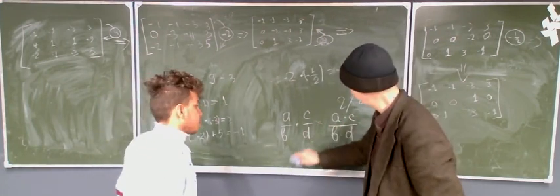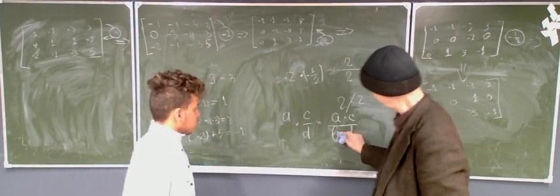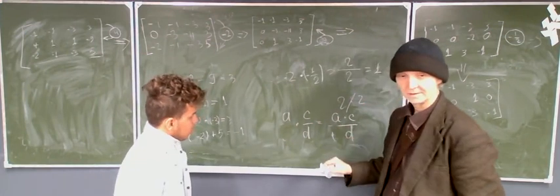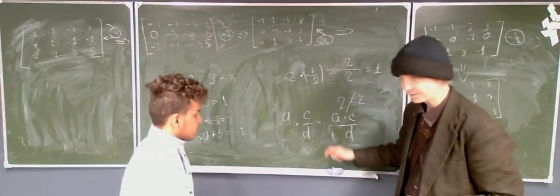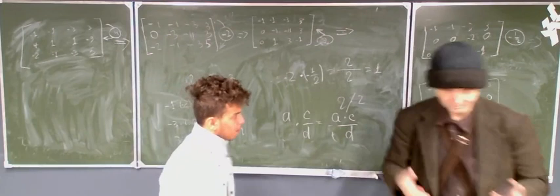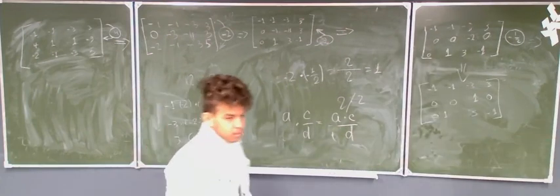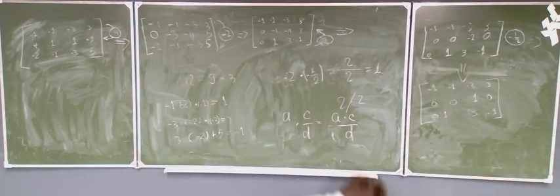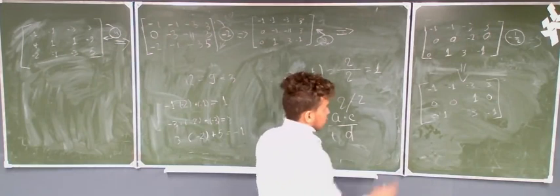If we have nothing here, then nothing. So that's just the rule of multiplying fractions. Well, here 1.